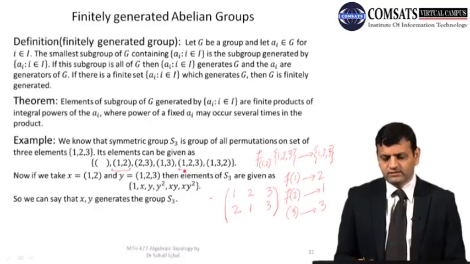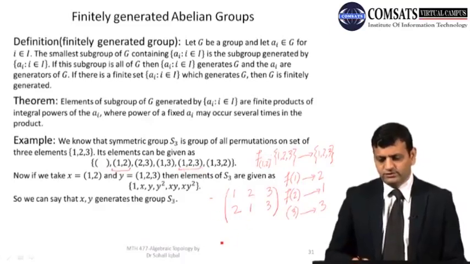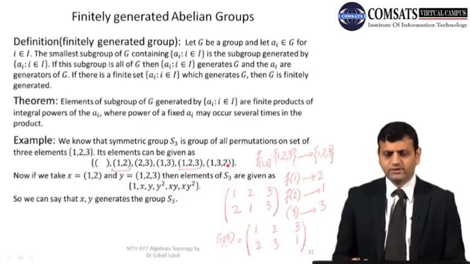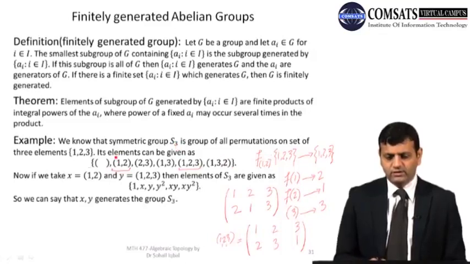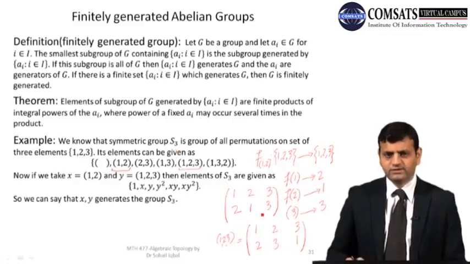Similarly, what is the permutation (1 2 3)? It takes 1 to 2, 2 to 3, and 3 to 1. And similarly other permutations. There are only 6 permutations on a set of 3 elements, and the collection of all these permutations forms a group under composition of functions, because these are functions.